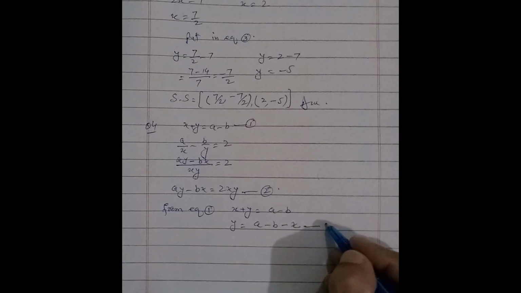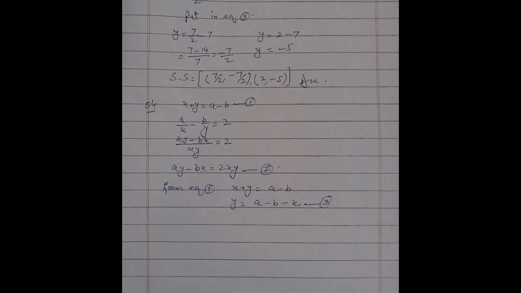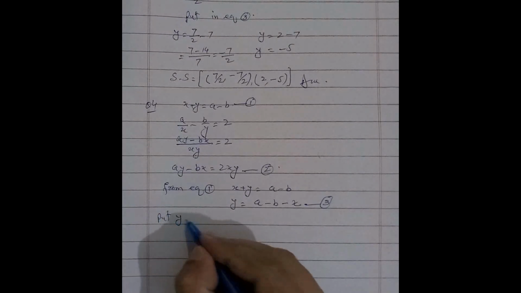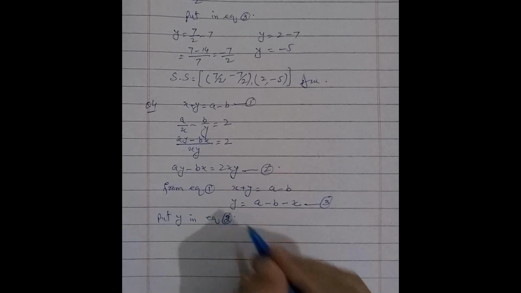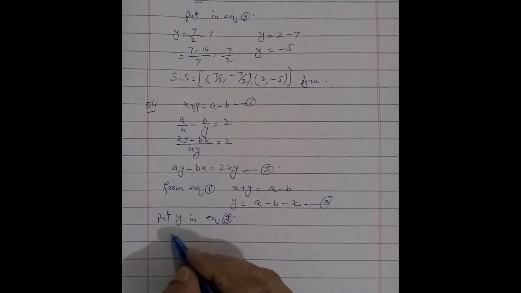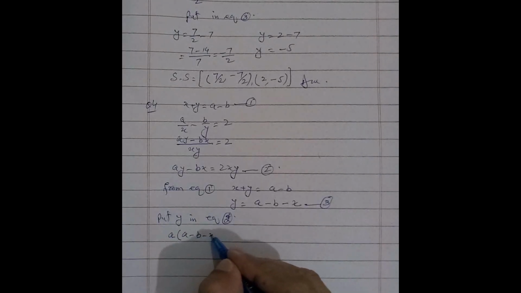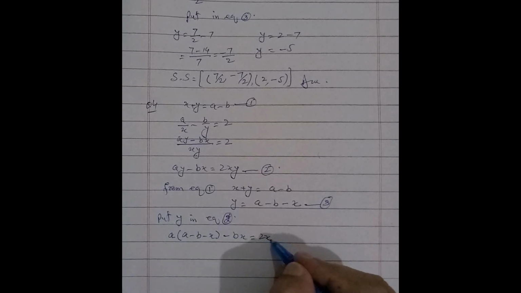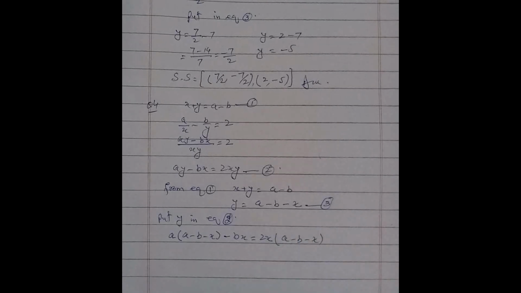And we can say it is equation 3. Now we put the value of y into equation 2. We get (a − b − x)x − bx is equal to 2x, and the value of y is equal to a − b − x.